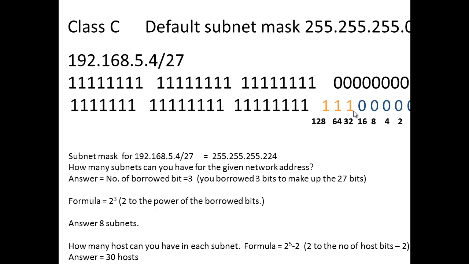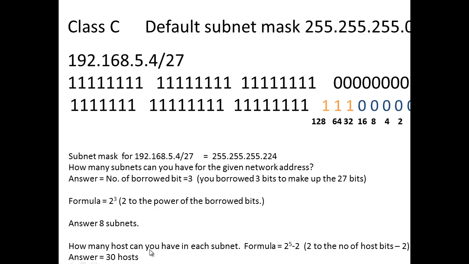And it is those 3 bits that will help you work out how many networks you can have. Because the formula to calculate the number of networks would be 2 to the power of the borrowed bits, which in our case is 2 to the power of 3, which will give you 8.